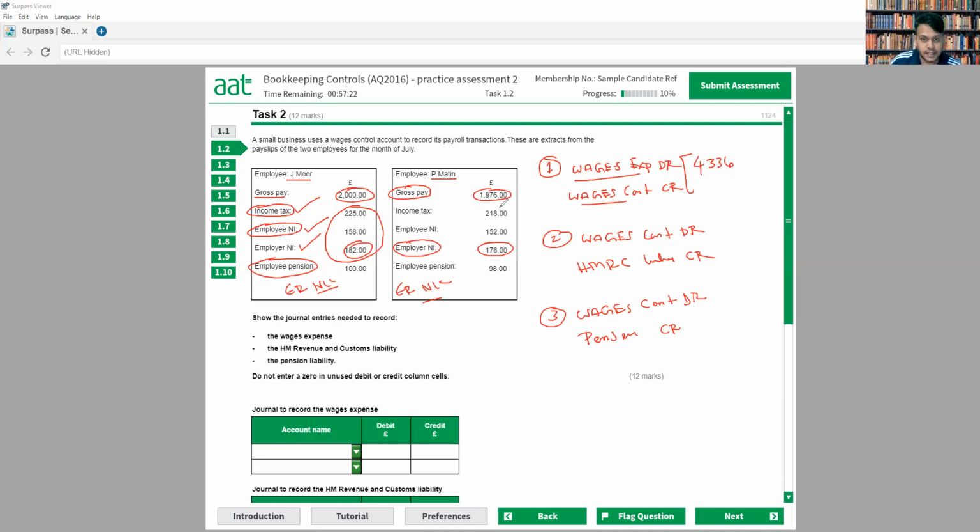Add all of this. So let's add all of this: 255 plus 158 plus 182, then plus 218, 152. If we have more employees, remember we have to add everything. This gives me 1143. So 1143.